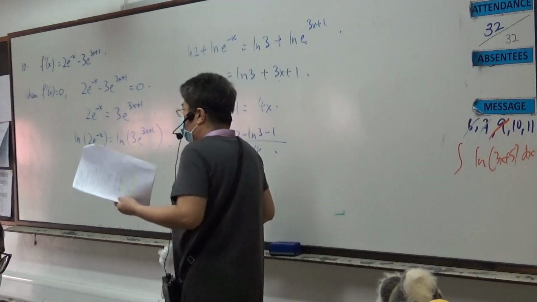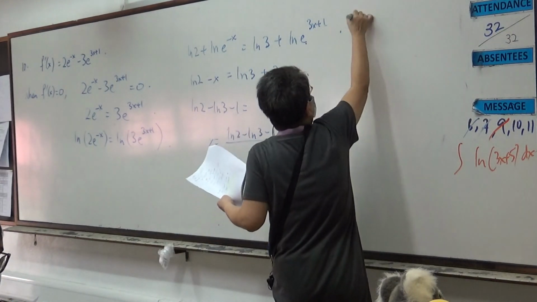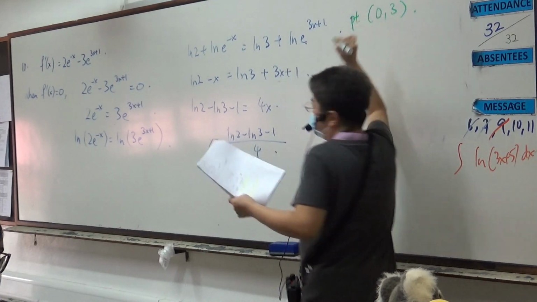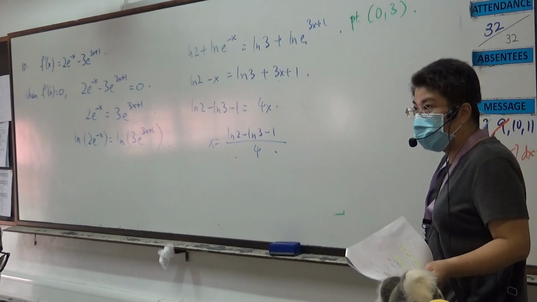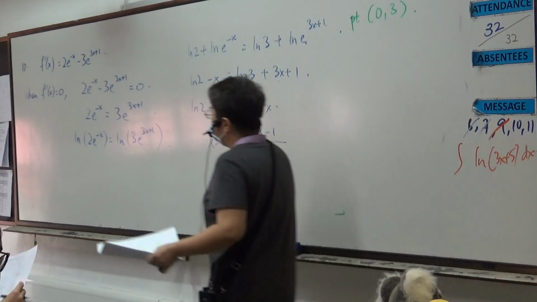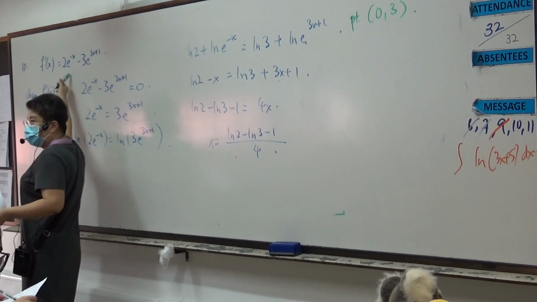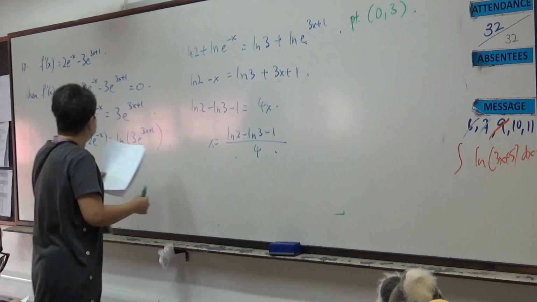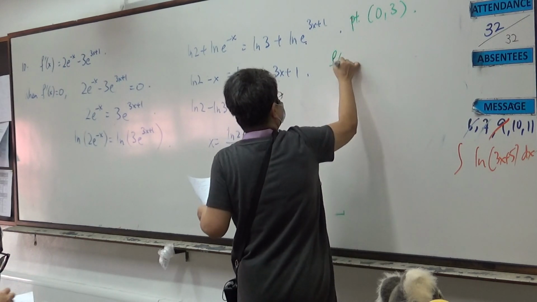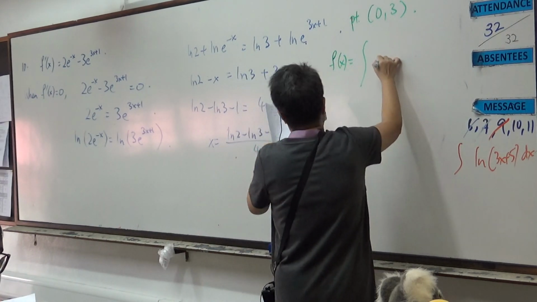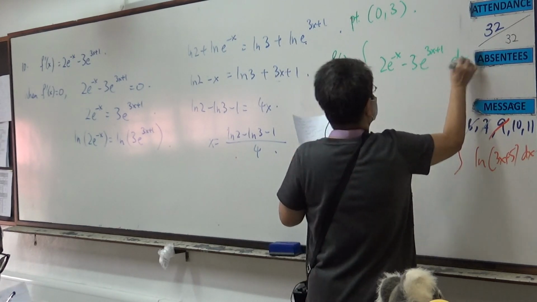Now, if it cuts the y-axis at 3, what does it mean? It passes through which point? 0, 3, right? Correct. At the y-axis, x is 0. Equation of the curve means I must integrate this gradient function, am I right to say that, to get f(x). So, I will have integration of this.